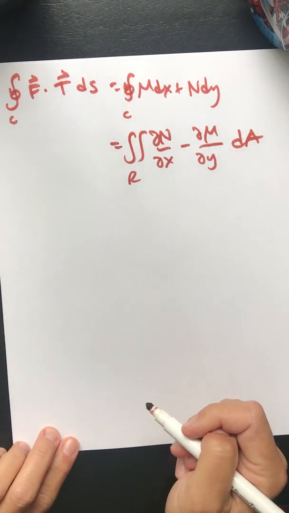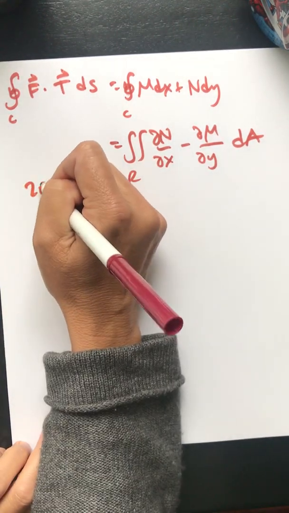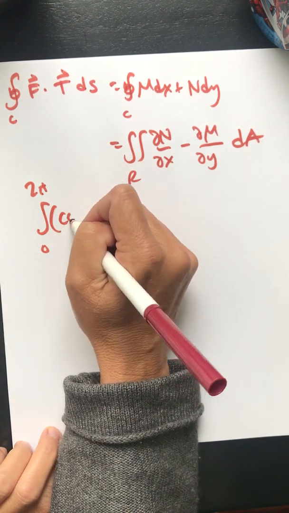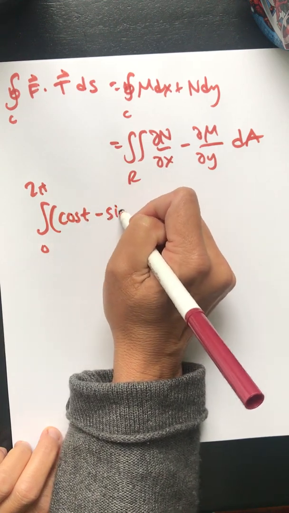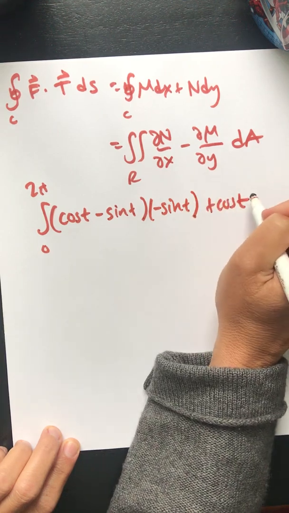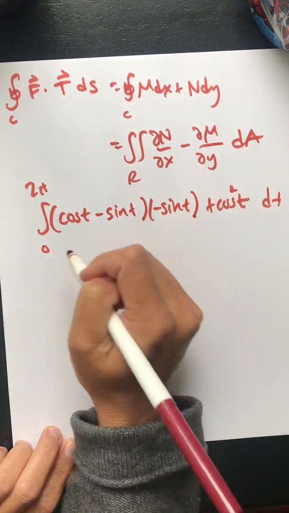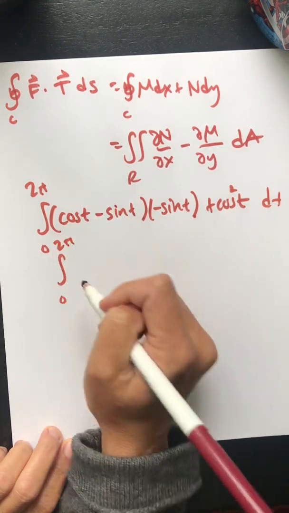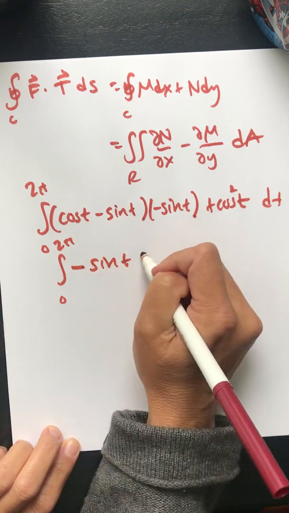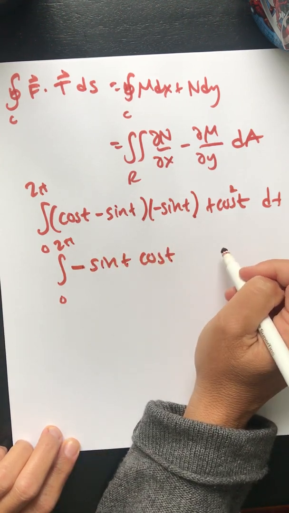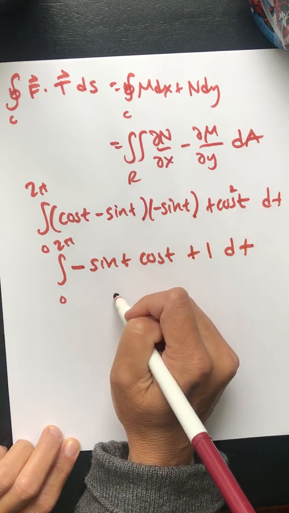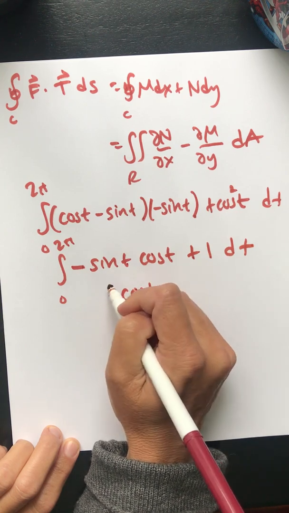So this turns into the integral from 0 to 2 pi of, I believe it was x minus y, so cosine t minus sine t times negative sine t plus cosine t times cosine t, all dt, which is the integral from 0 to 2 pi of negative sine t cosine t plus sine squared plus cosine squared, which is 1 dt, which turns into negative cosine t.